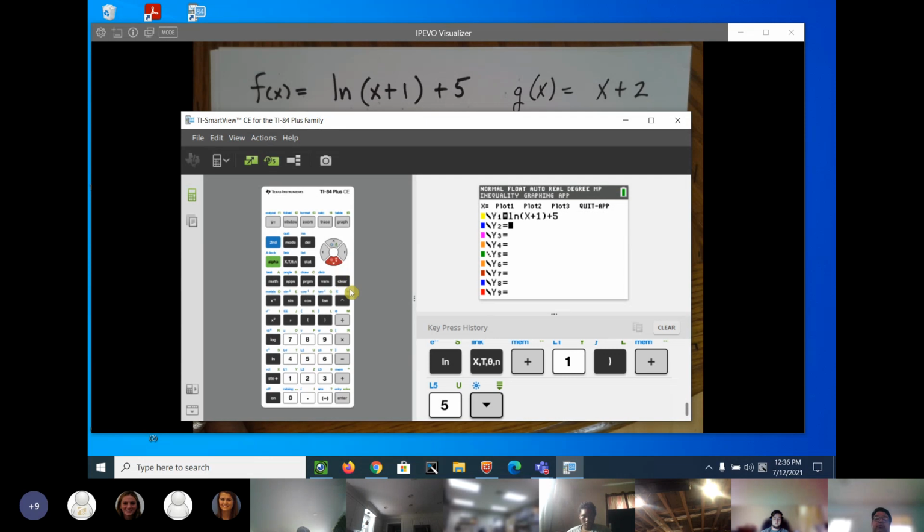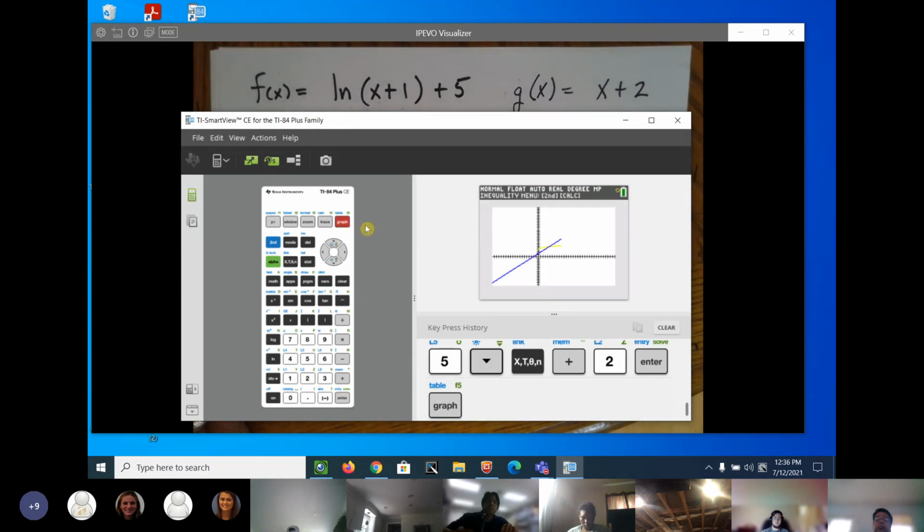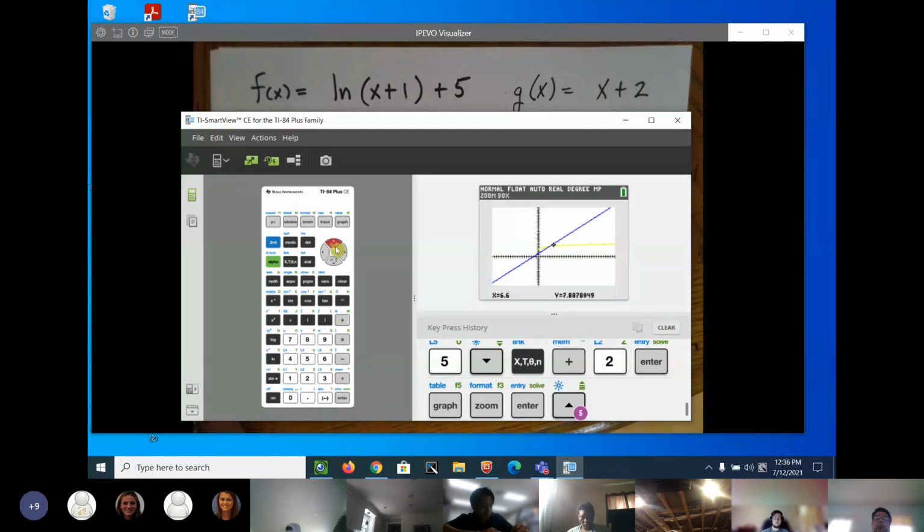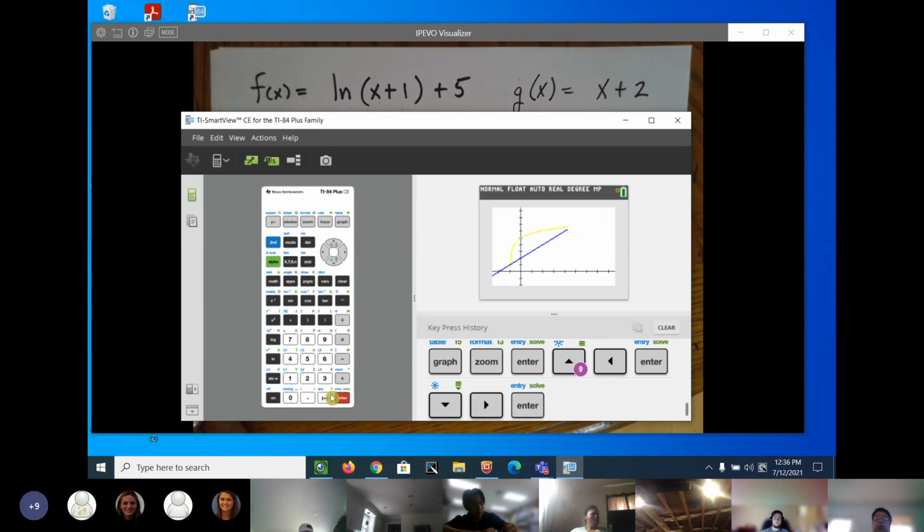And then the bottom one is x plus 2. And there is your graph. I'm going to zoom in, zoom box. There we go.